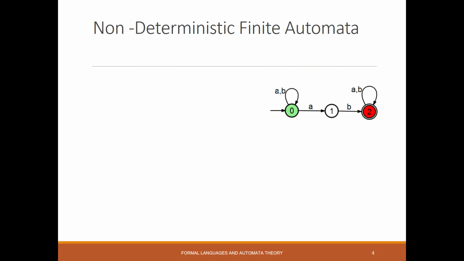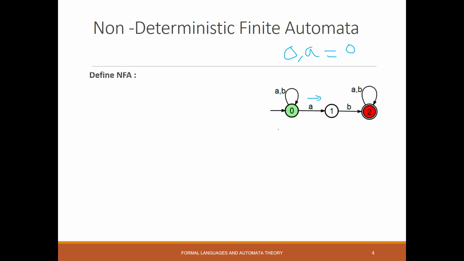This is called non-deterministic finite automata. Whereas in a DFA, if I use an input, I can reach only one state. In a non-deterministic finite automaton, I can reach two different states using the same input. You can check here. If I use input A on 0, I can reach 0 and also I can reach 1. This is called an NFA.